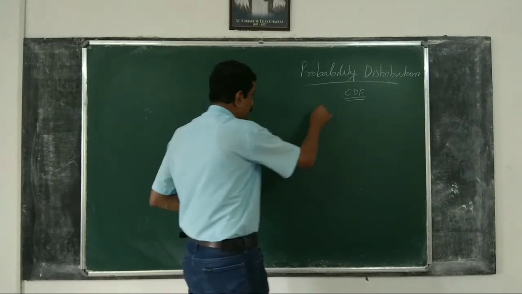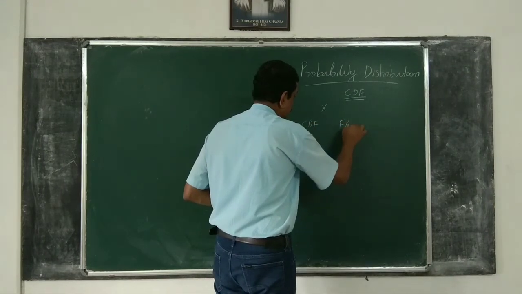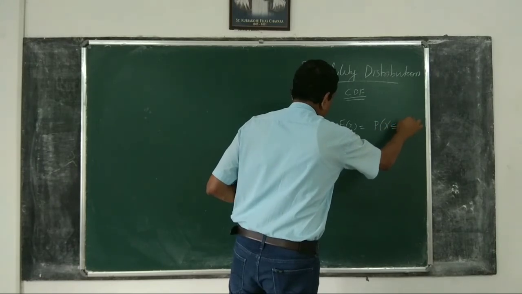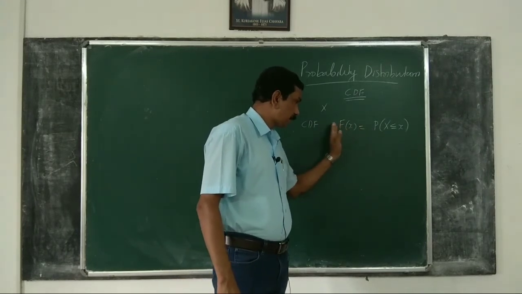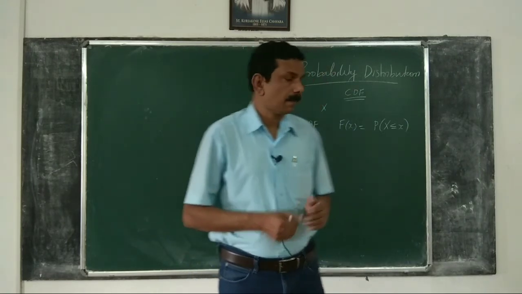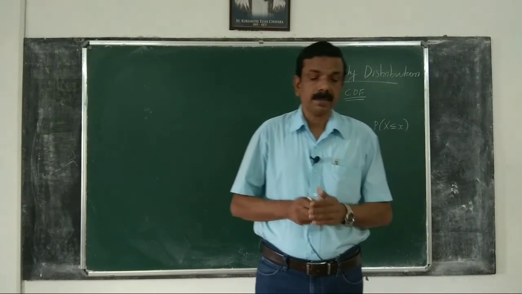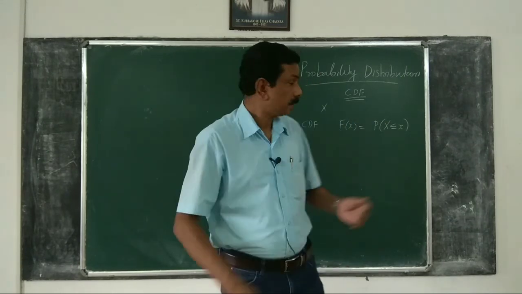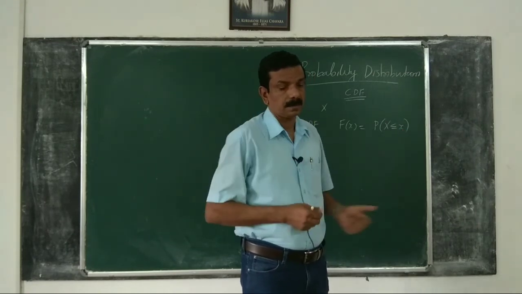And for a random variable X, the cumulative distribution function denoted as F(x) is the probability that X is less than or equal to x. We can define CDF as capital F(x) is the probability that X is less than or equal to x. Probability that X is less than or equal to x means the random variable takes a value less than or equal to x, where x is given. Say up to 1, up to 3, up to 5, etc.